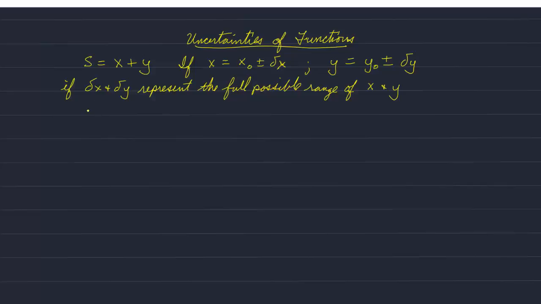So in that case, we would write S as equal to x naught plus delta x plus y naught plus delta y, and that is equal to the sum of the measured values, which gives the best estimate of S, that's x naught plus y naught, plus the uncertainty of S, which is delta x plus delta y.